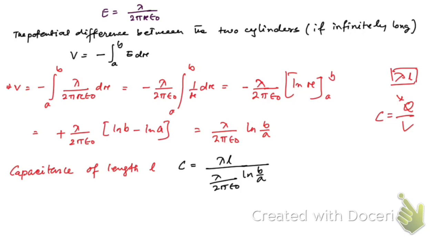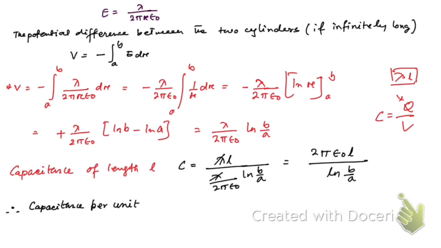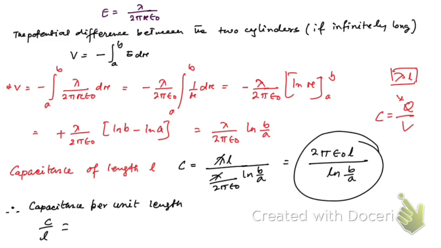So here lambda cancels, so it's going to be equal to 2 pi epsilon naught L, that is length L, divided by ln b by a, and therefore capacitance per unit length, that is going to be C by L. If you divide this one by L, this L will be cancelled, right?